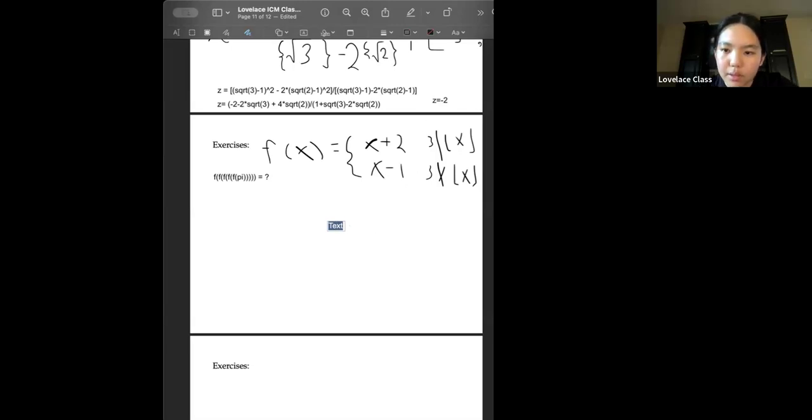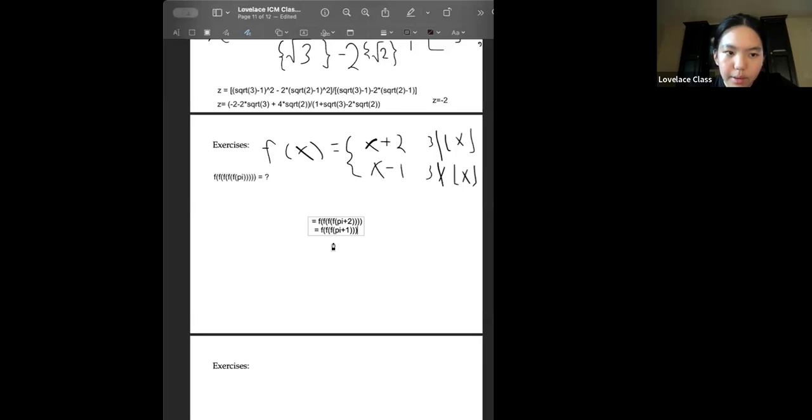So this is equal to f of f of f of f of pi plus 2. Then we plug this in again. Floor of pi plus 2 is going to be equal to 5, and 3 does not divide 5, so this is going to equal f of f of pi plus 2 minus 1, which is pi plus 1.